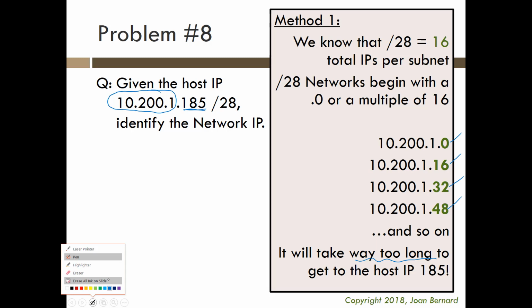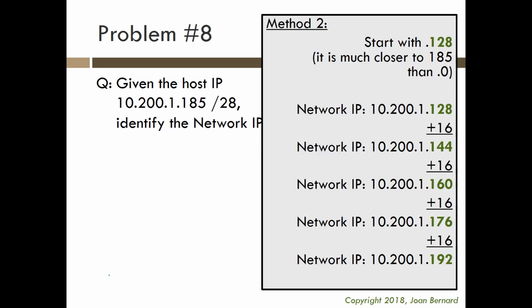So let's take a look at method 2. We know for sure that if we had our /24 and we just divided it into 2 parts, let's say .0 and .128, this is the starting point for a /25 and anything smaller.